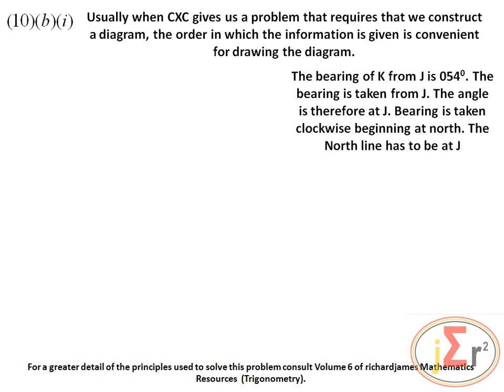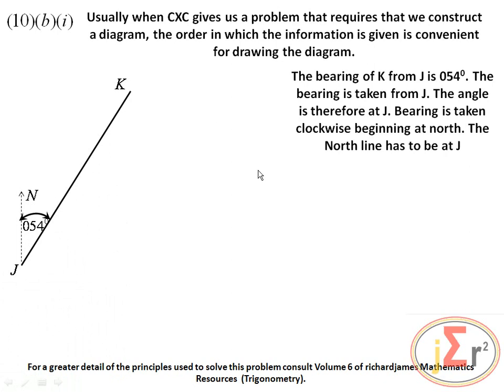Also, bearing is taken clockwise beginning at north. The north line has to be at J. So the angle is at J, the north line is at J, and the bearing is 54 degrees. So we have north line at J, going in a clockwise direction 54 degrees.